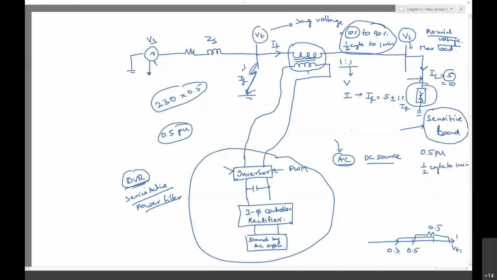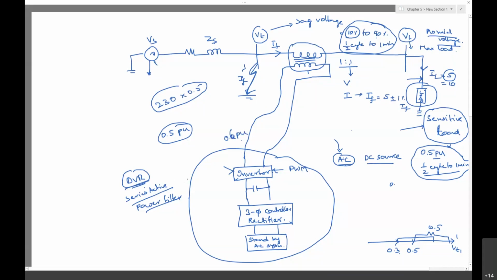If the load performs satisfactorily at 0.6 per unit for half cycle to 1 minute, then it is not required to design for a 0.4 per unit injection, that is, a 0.6 per unit injection by your series active power filter. Might be that reason. There is no specific reason why they have done it.